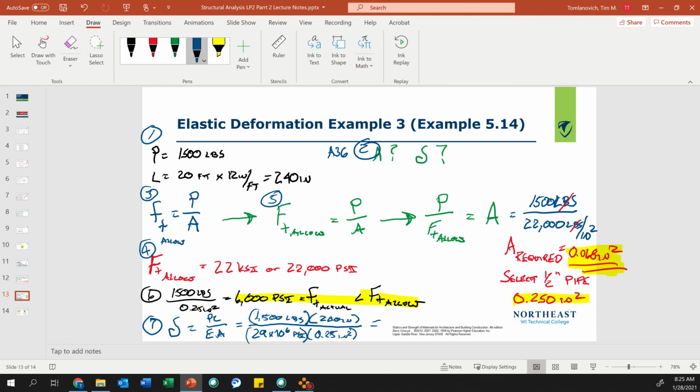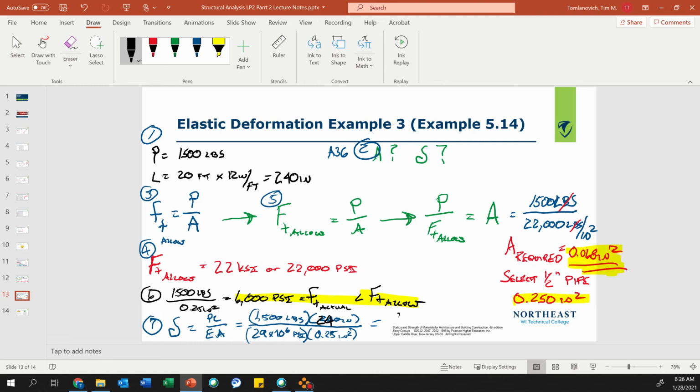So I calculate that out. 1,500 times 240 equals, sorry, that's a 4 right there. This is 240. I'm going to divide by 29 million, whew, there we go, and I'm going to divide by 0.25.